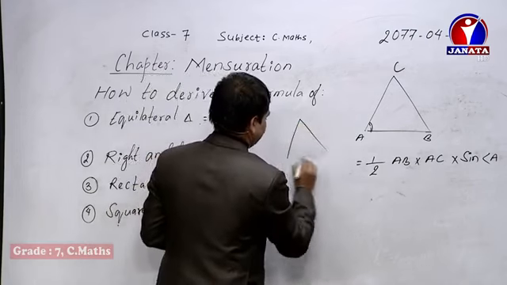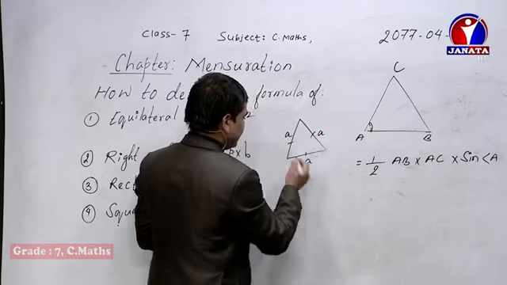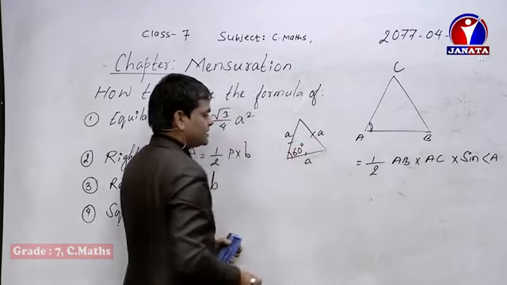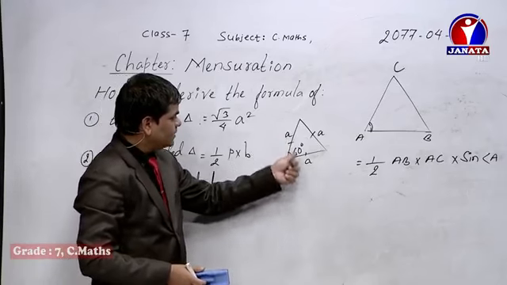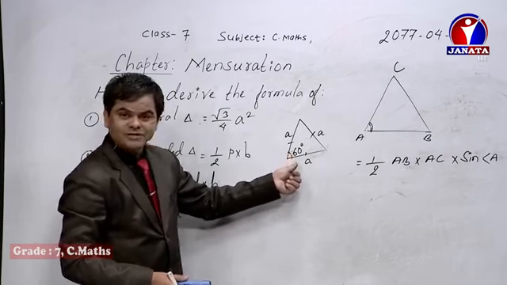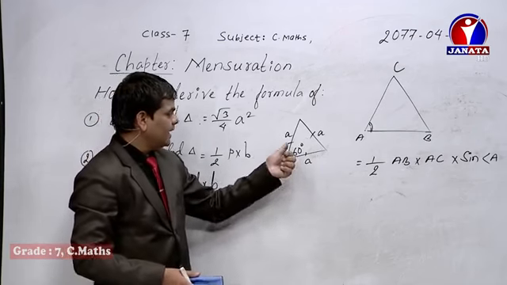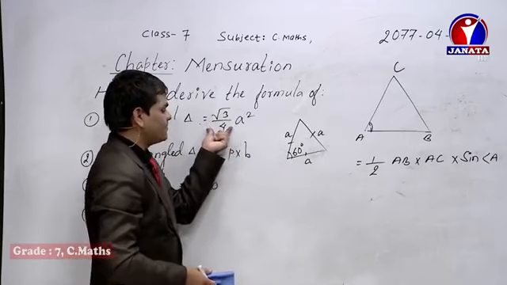In an equilateral triangle all sides are equal, so we suppose all sides as a. All angles are 60 degree. So 1 by 2 a into a square into sine 60 degree, which means root 3 by 2. So 1 by 2 into root 3 by 2 into a square is root 3 by 4 a square.